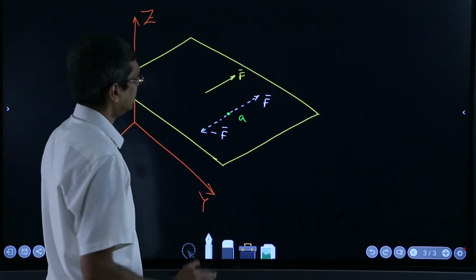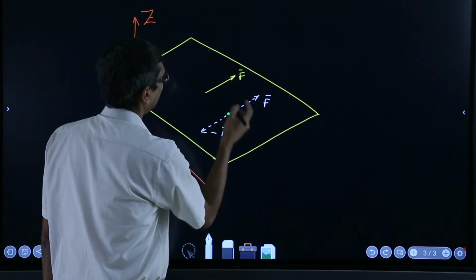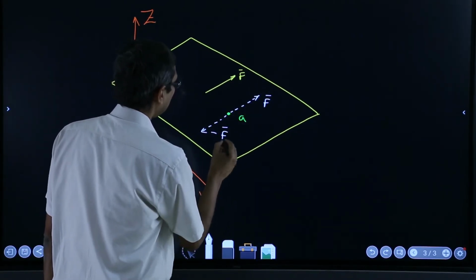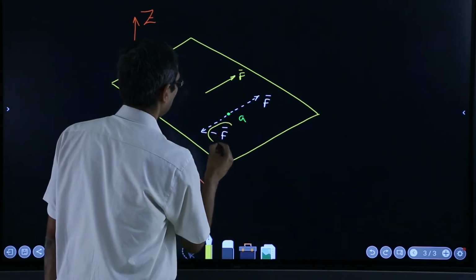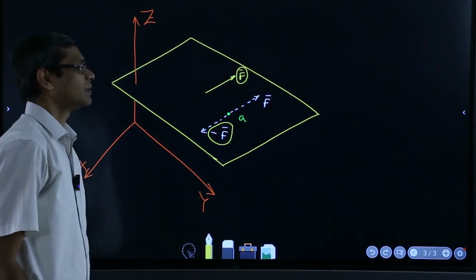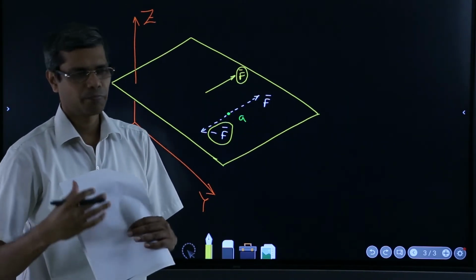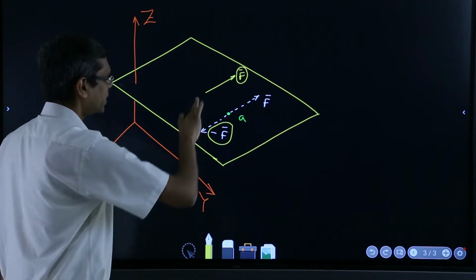Then what? Consider now this force and this force. Are they not forming a couple moment? They are forming a couple moment, right?